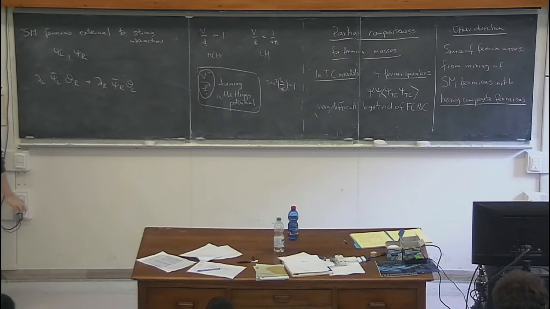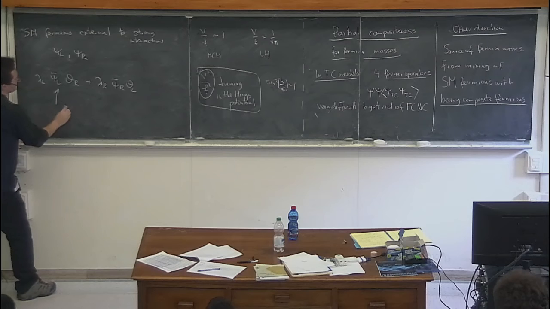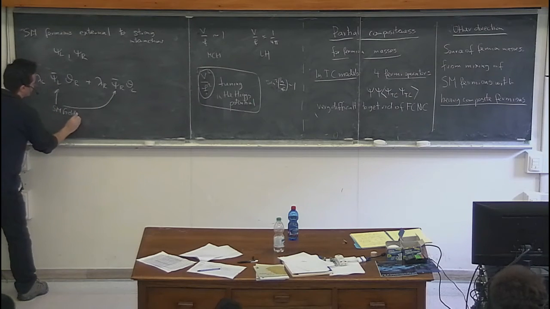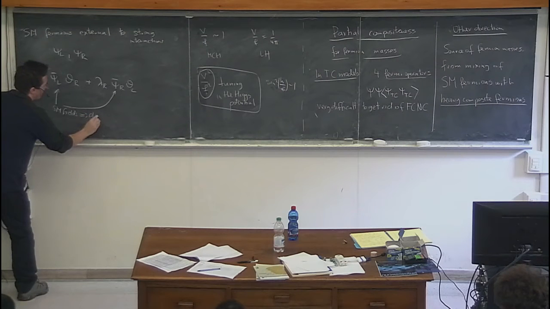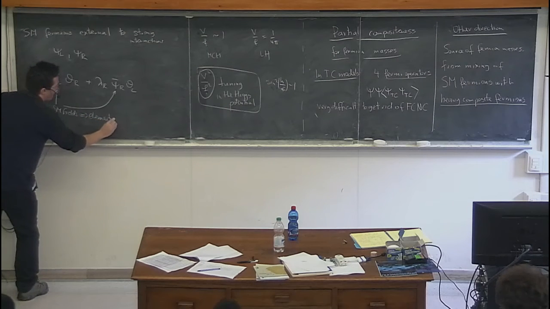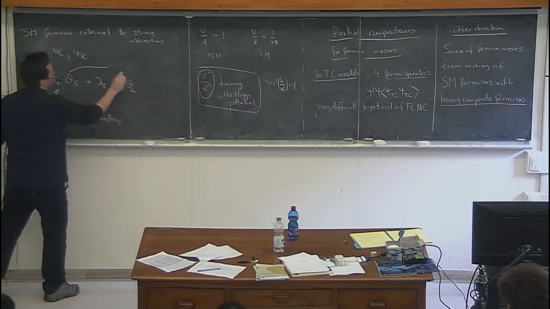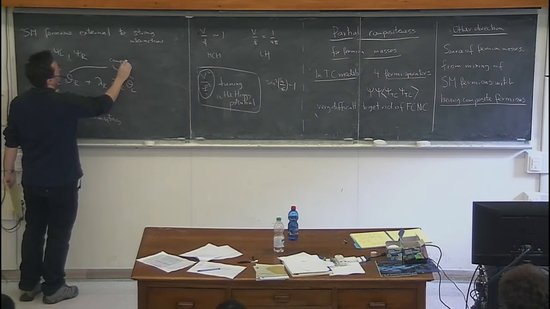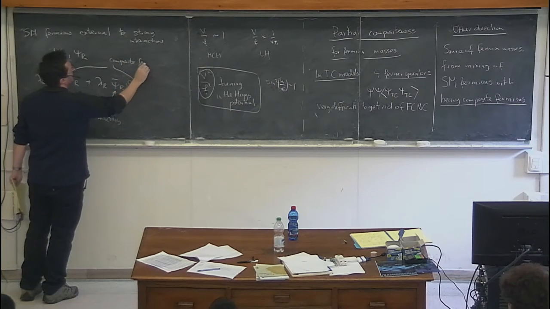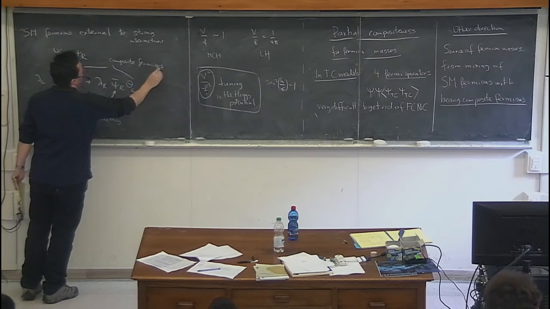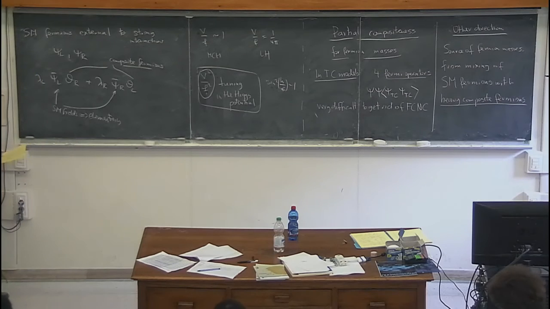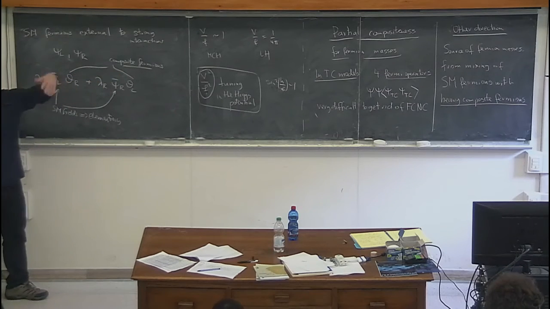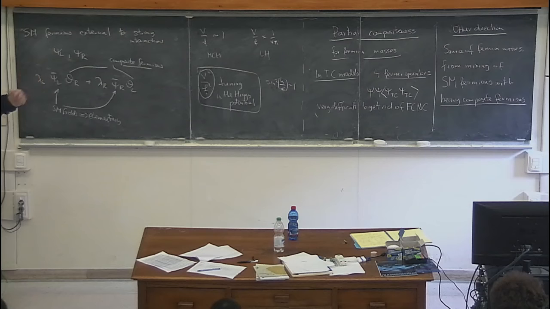So these are the standard model fields, the elementary fermions. And these operators are some composite fermions, and their spectrum is going to include some towers of massive fermionic fields.